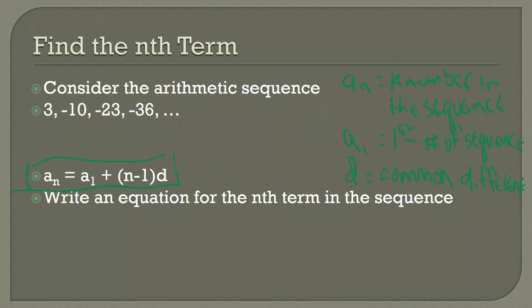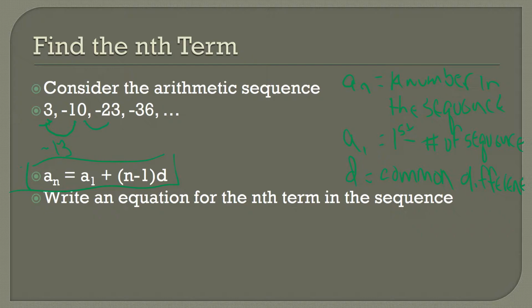So first let's say, okay, well, what's our common difference? So I've got 3 and -10, and if I'm looking for the common difference between 3 and -10, I'm at 3, my next number in the sequence is -10, so I'm moving to the left, and my common difference is -13.